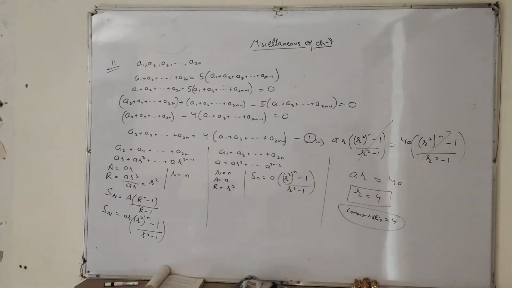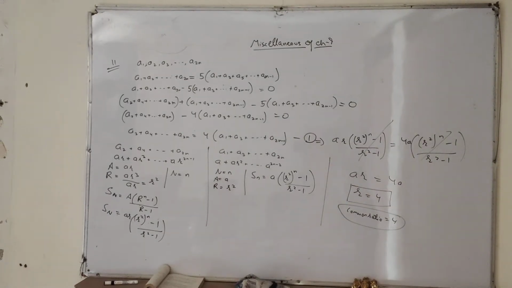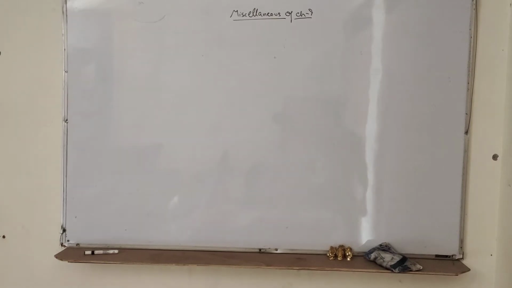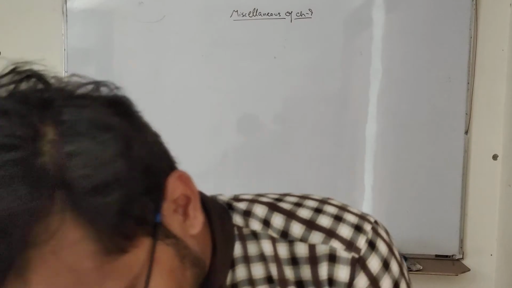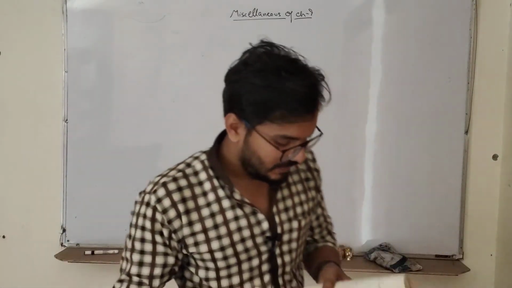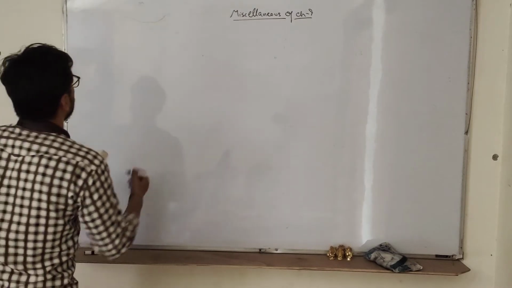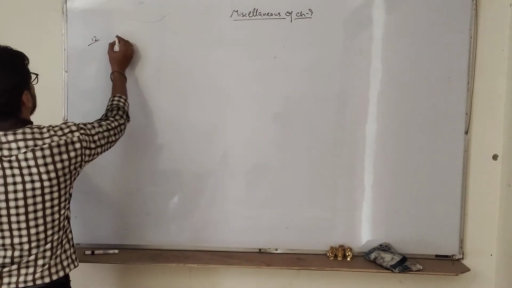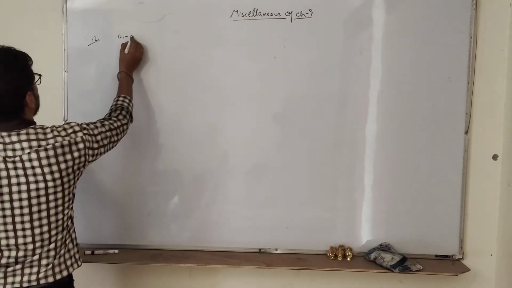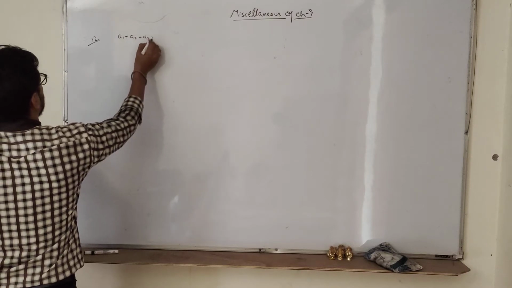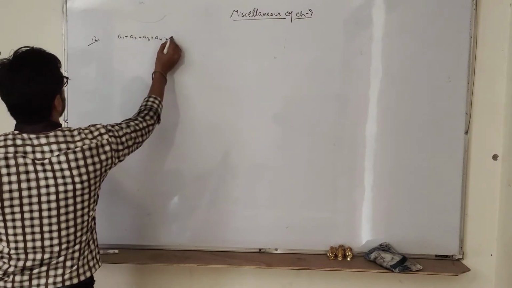Please pause the video and note it down. Next question we have, question number 12. The sum of first 4 terms of an AP is 56. So a1 plus a2 plus a3 plus a4 is equal to 56.